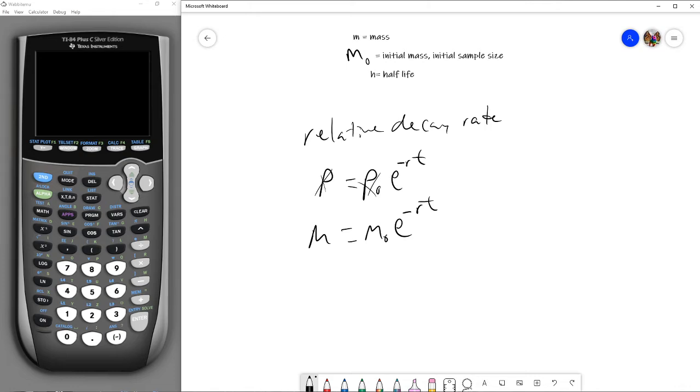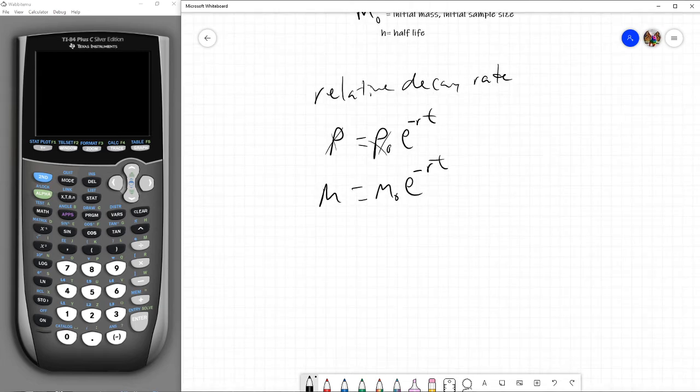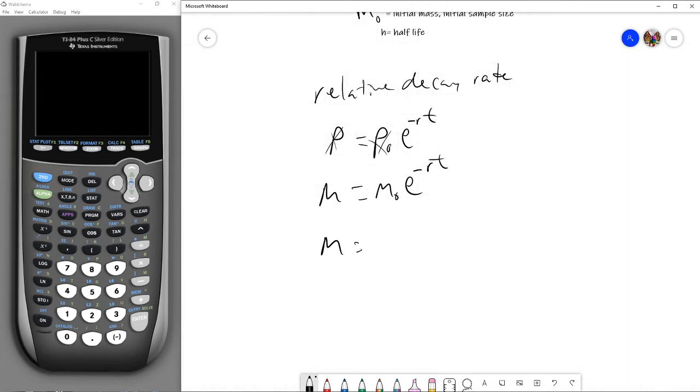Now, what is the relationship between r and h? We can do our derivation like what we did last time, defining the relationship between doubling time and the relative growth rate. We can set m equal to the initial mass over 2, and then this will have to equal our equation, and we'll go ahead and solve it now.